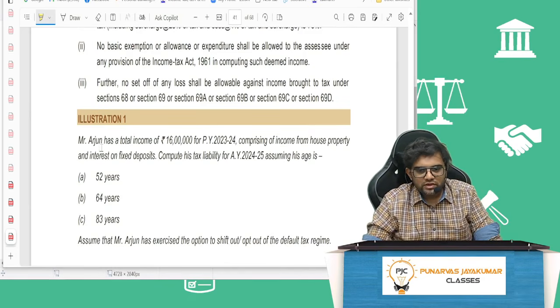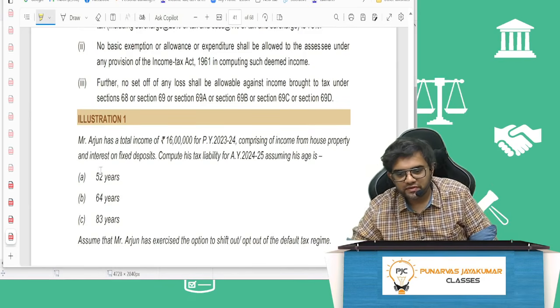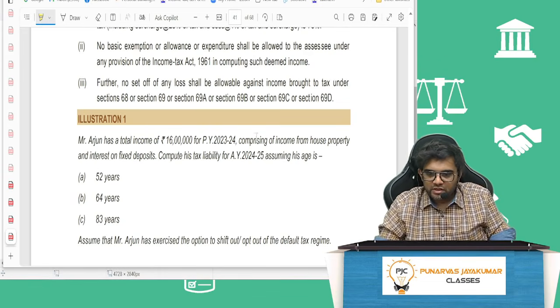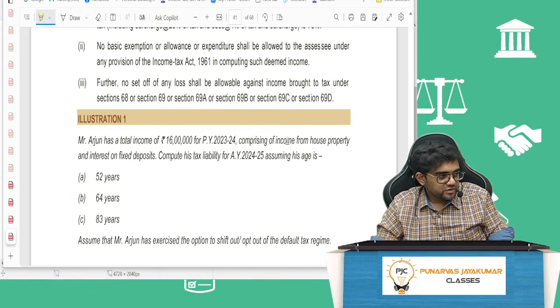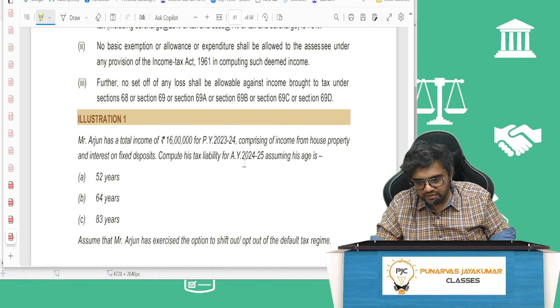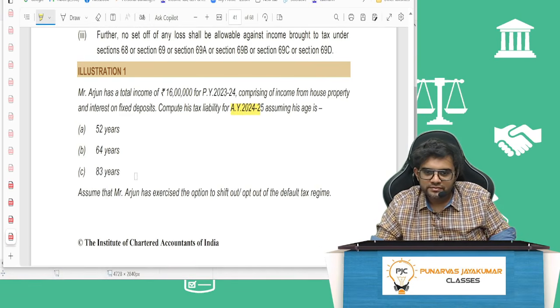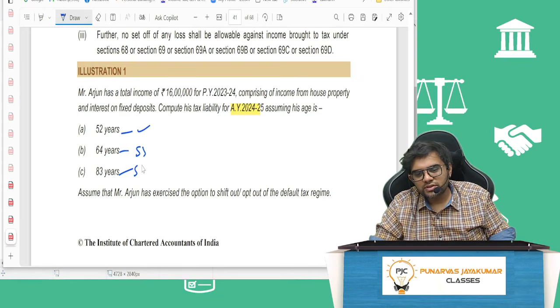Mr. Arjun has a total income of 16 lakhs for previous year 23-24, comprising income from house property and interest on fixed deposits. Compute his tax liability for 24-25, assuming his age is 52, 64, 83. 52 is normal. This is senior citizen, super senior citizen.